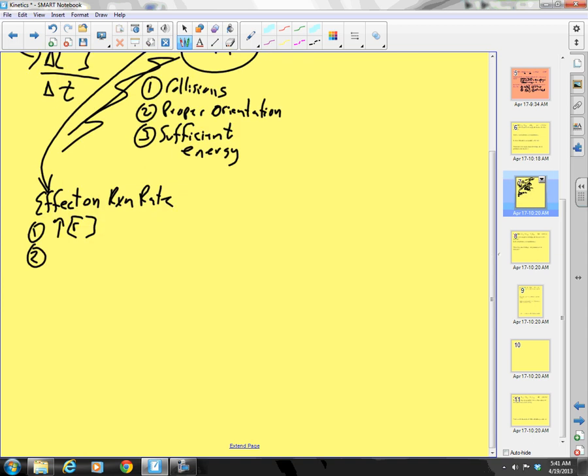I said I could increase the surface area of my reactants, and that's usually for solids. By increasing surface area, more of the solid particles are available to be hit by the other reactants. If I have more available for hits, more collisions, that means my reaction rate increases.